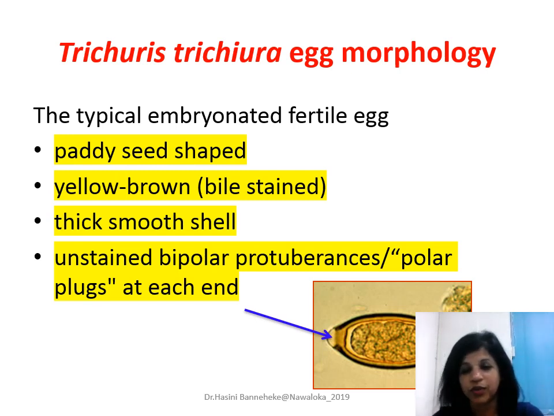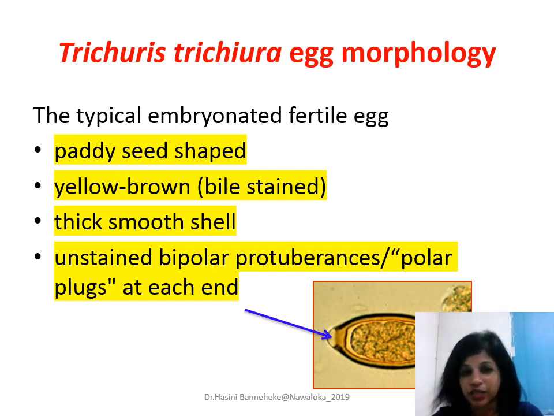The wall is smooth but very thick, and at either corners, at the bipolar ends, there are clear plugs at the two ends. With those you can recognize this as Trichuris trichiura.